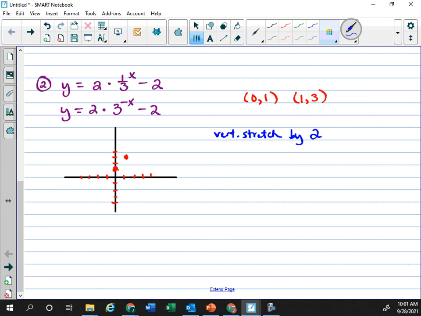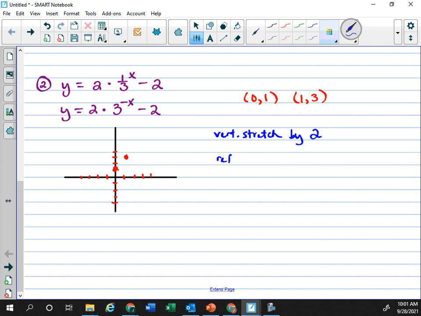What does that do? I know it's a reflection, but over what? It's saying the x is changing sign, right? It's saying opposite of x. So if your x goes from positive to negative, which way are we? The y-axis. Yeah, we're flipping over the y-axis.